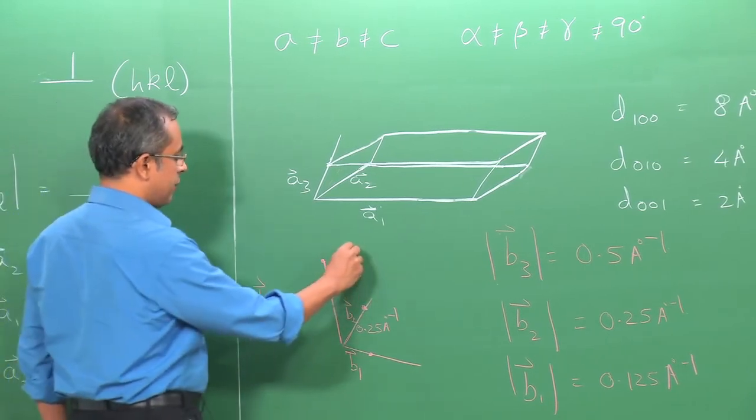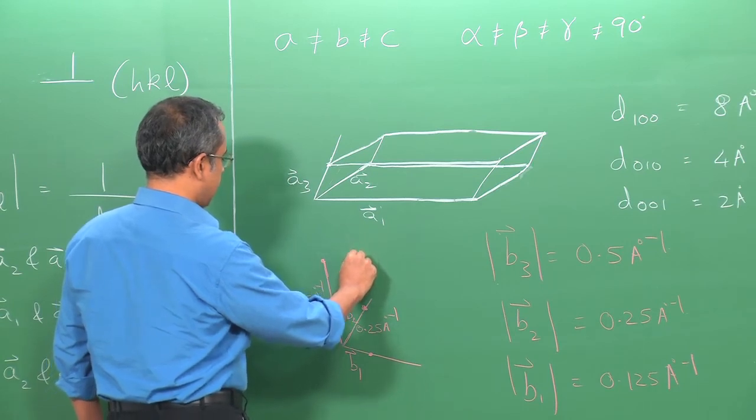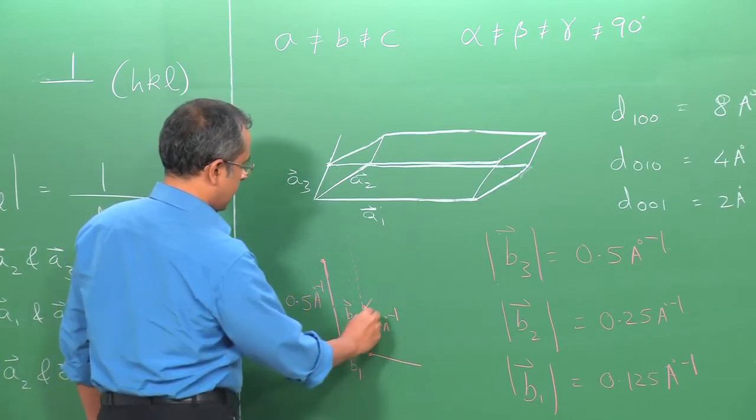So, now it is just a matter of completing the lattice. So, we simply have to draw those, finish the lattice. So, complete the lattice. So, draw the lines that are parallel.